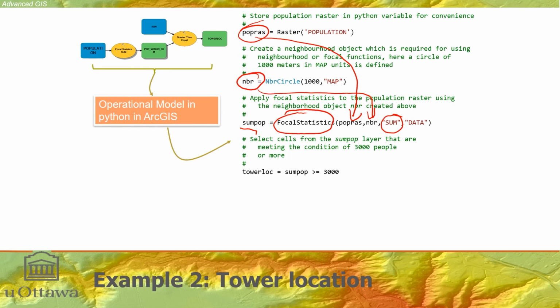Then, once we have sum pop, we simply say sum pop greater than or equal to 3,000. And we assign that to the tower lock, like that. And then we'll have the same results in both methods.